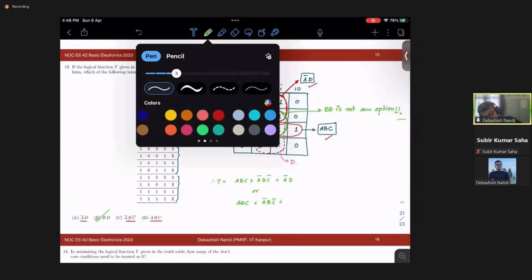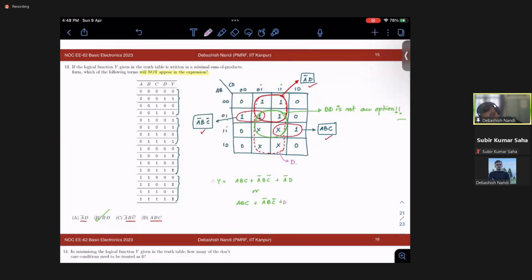If you consider this, but this will be your sum of product where this term doesn't appear. Okay. So this is how to go about solving this kind of problem.